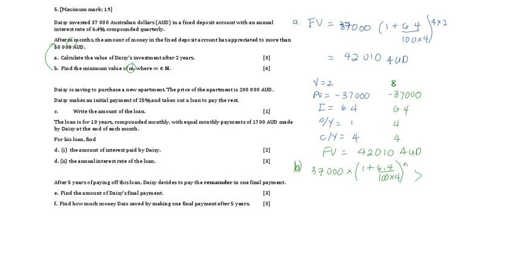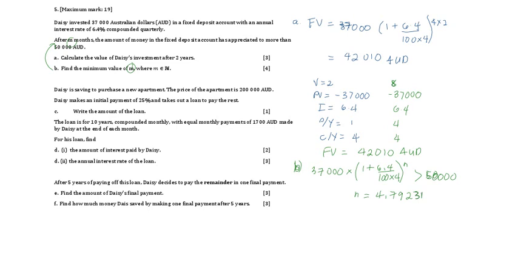It's more than 50,000. So what you can use here is the numerical solve. This gives you the value of n, which is equal to 4.792231.